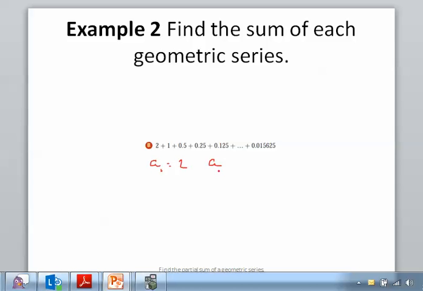And a sub n, whatever that is, we don't know what the n is, the letter value is 0.015625, right? And it looks like my difference here, it looks like it's multiplying times 0.5. Yeah, times 0.5 times 0.5 because we're multiplying times 1/2.